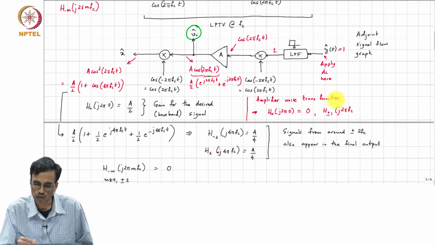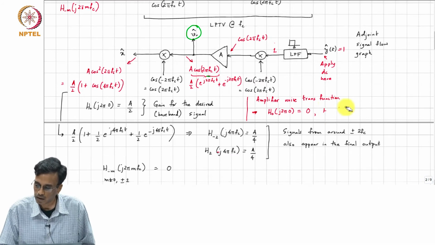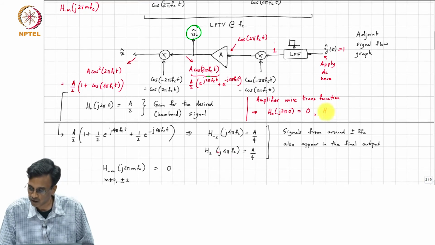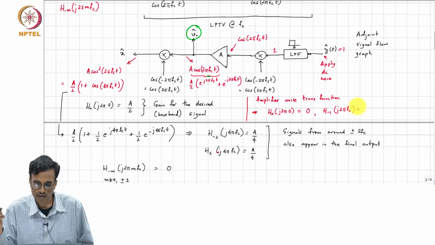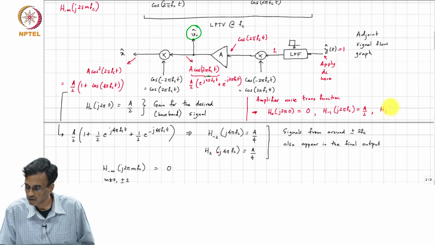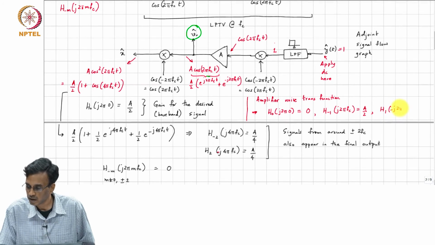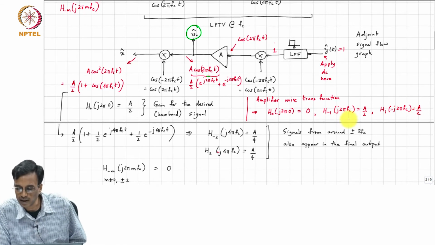So h 1 or h minus 1 of j 2 pi fc is A by 2, and similarly h plus 1 of minus j 2 pi fc is also A by 2. Now, what is this telling us?